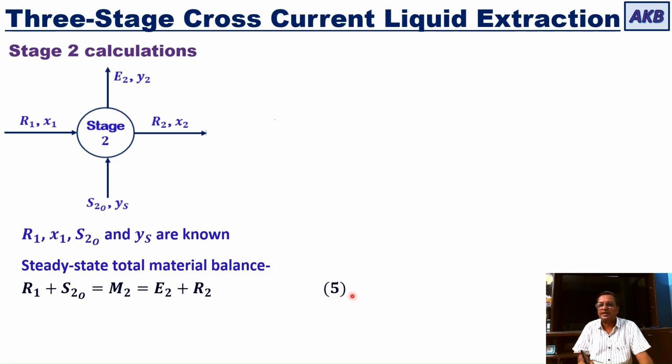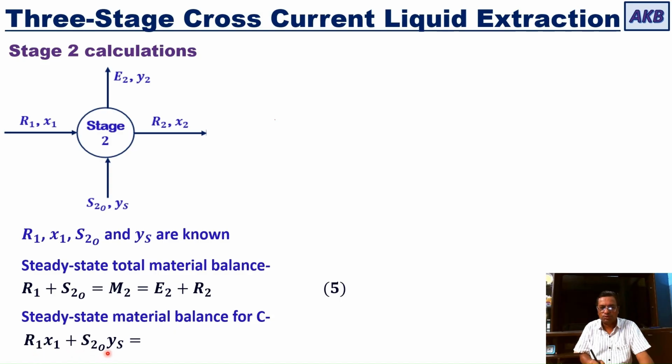I am calling this equation number 5. Then I will write the steady state material balance for solute C, and you can easily follow that. R1 into X1 plus S20 into Ys equals M2 into XM2, which equals E2 into Y2 plus R2 into X2. I am calling this equation number 6.